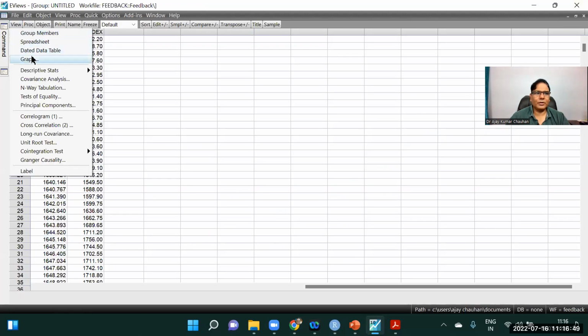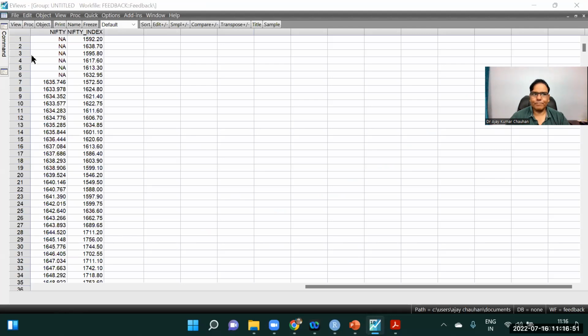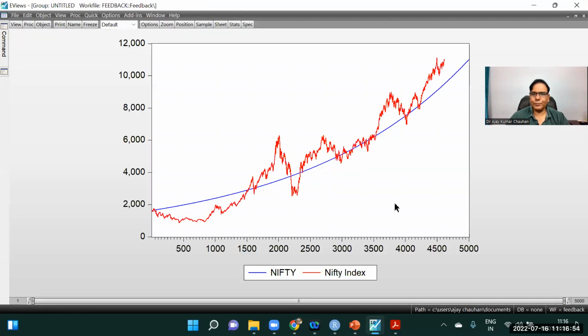If I plot collectively, I can show you that this is the forecasted value according to the VAR model. This is the average forecasting value and this is the actual value. So we will assume that this is the time when it can go down because it is overvalued, and it may approach this value.